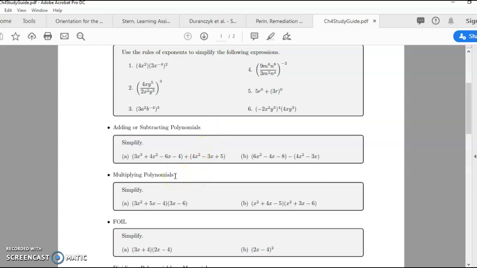So for multiplying polynomials, you might say something along the lines of step 1, organize the polynomials into the box to use the box method, or organize the polynomials vertically, or draw the arrows to make sure that you are multiplying every term by the other term.